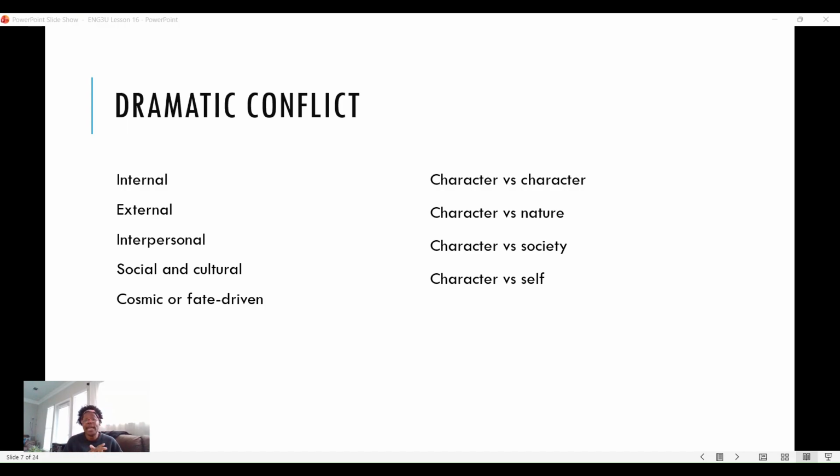especially in soliloquies. Shakespeare's Hamlet is a perfect example of that. Again, we saw a clip of Hamlet and a soliloquy in one of our lessons. In Hamlet, Prince Hamlet, the protagonist, the main character, faces a very complex internal conflict.